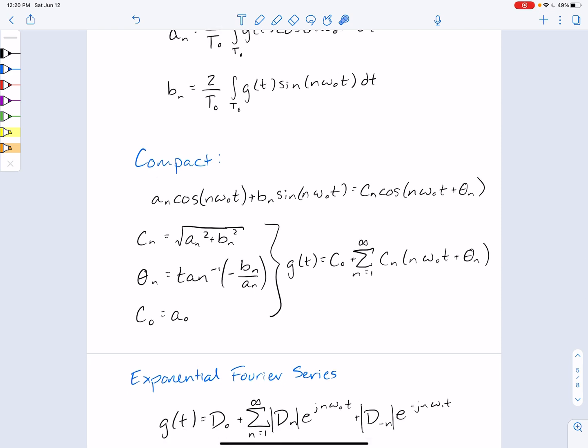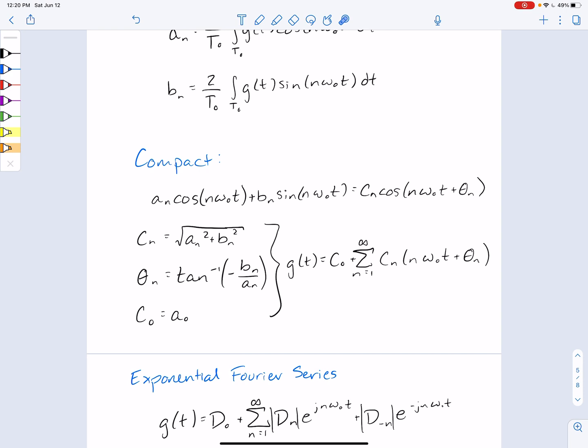So these are the formulas to go from trig to compact, and this is going to be your final form for it. Oh, that's another thing I wanted to mention.